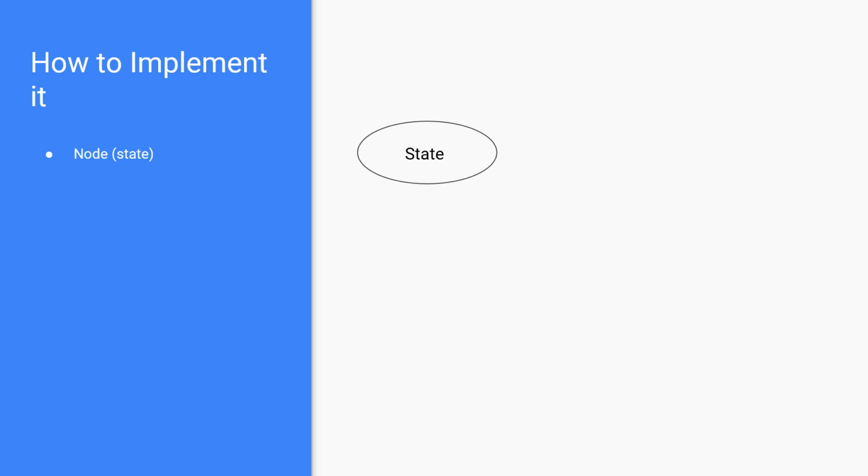How to implement the state transition diagram. Nodes. Here we have an example of a node. It can be in an oval shape or rectangular, and this is one of the basic notations for the state transition diagram.